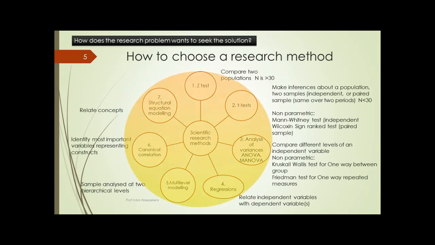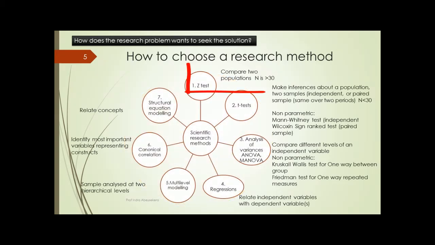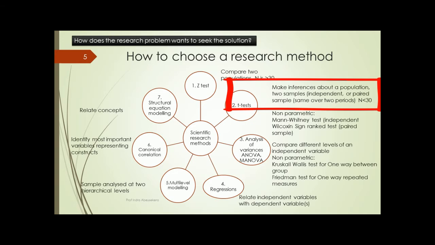There are 7 categories. A Z-test compares two populations when the sample size is greater than 30 observations. But if the sample size is less than 30 observations, we can use t-tests.